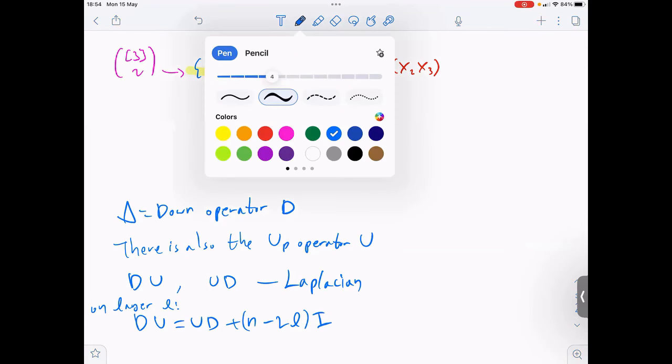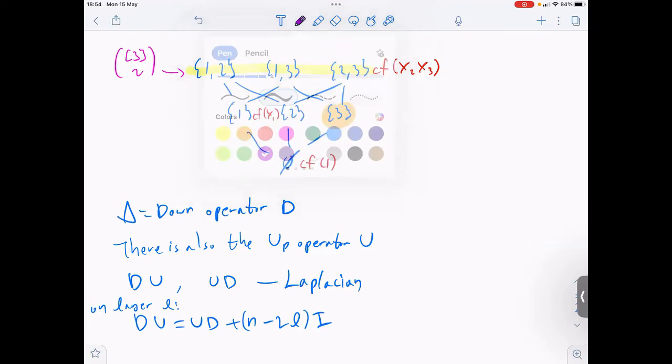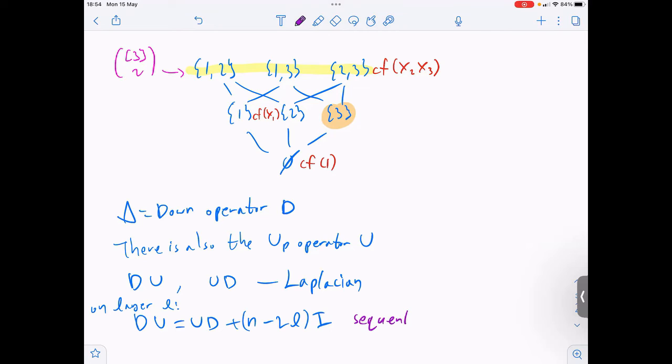Okay, and this kind of lattices, or rather posets, satisfying this kind of identity were called sequentially differential posets by Stanley.